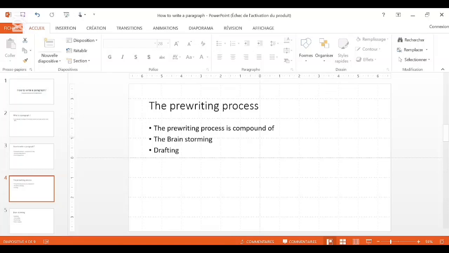The pre-writing process is a component of brainstorming. The brainstorming is about thinking, collecting ideas, making a mind map in your brain, trying to have ideas about the topic so as to make it clear.